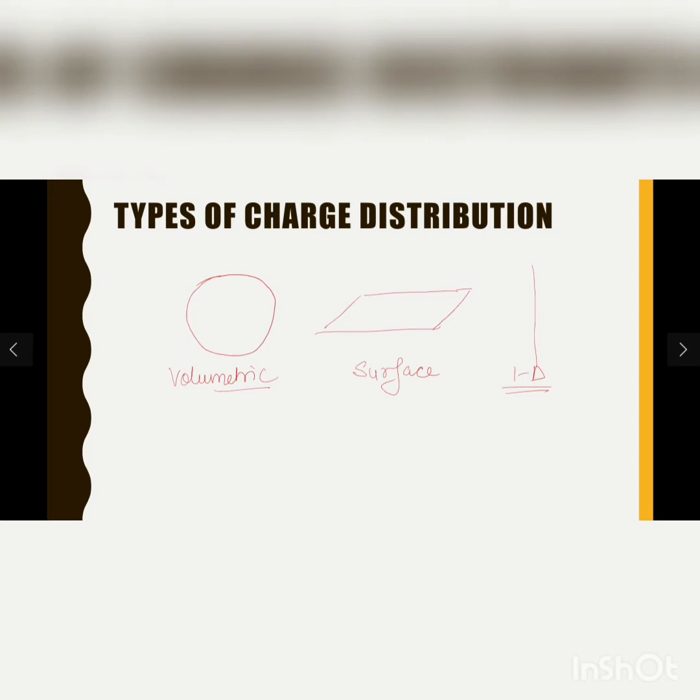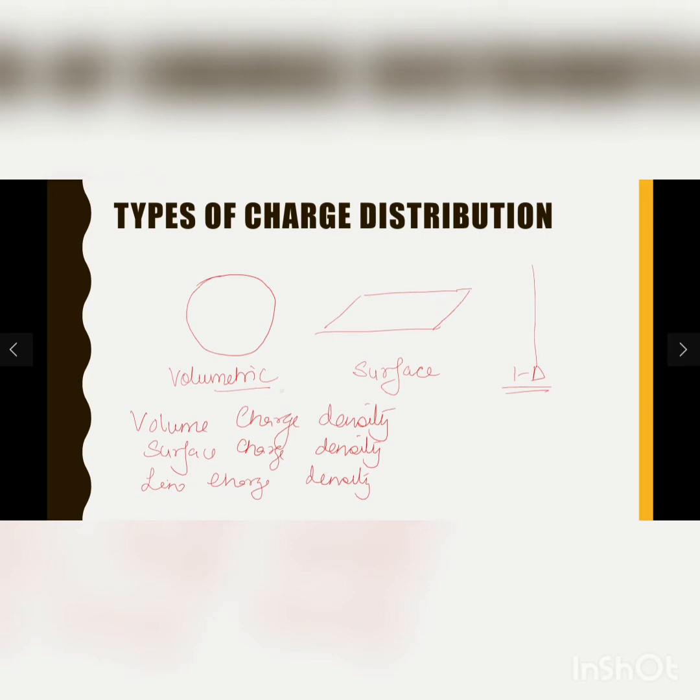These quantities are called volume charge density, which we define when our charge is distributed over a volume; surface charge density, when our charge is distributed over a two-dimensional surface; and line charge density, when our charge is distributed over a linear or one-dimensional surface.